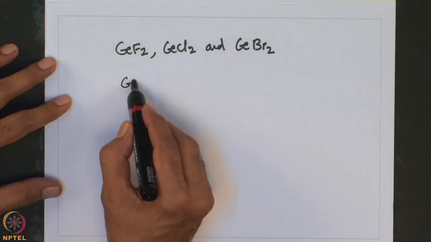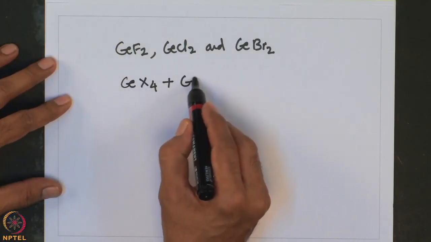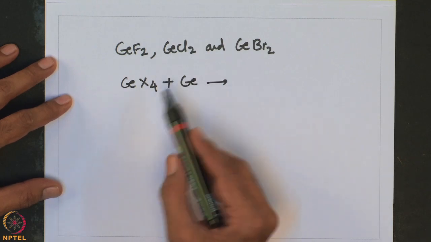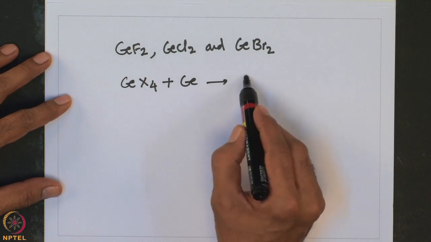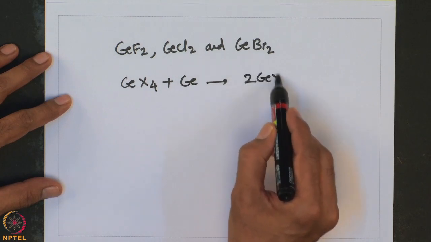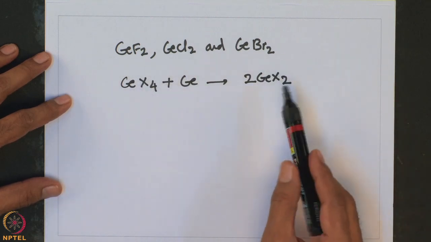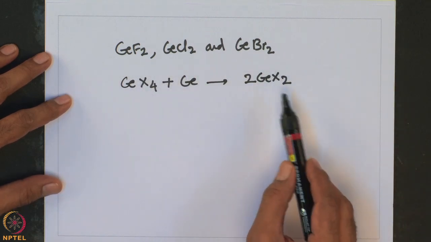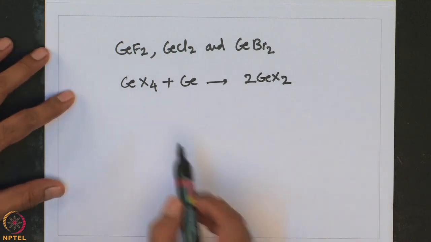For example, if you take germanium tetrahalides and heat them with germanium, it gives dihalides. Here X can be fluorine, chlorine or bromine, but germanium dihalides are unstable. On heating they undergo disproportionation reactions.